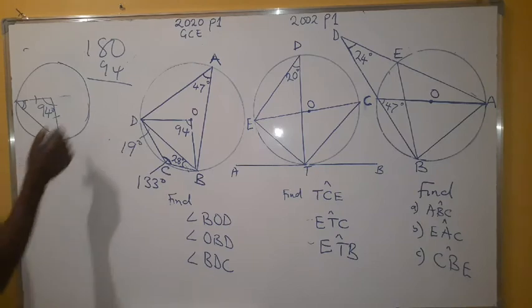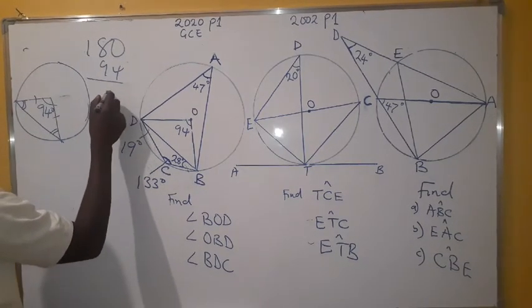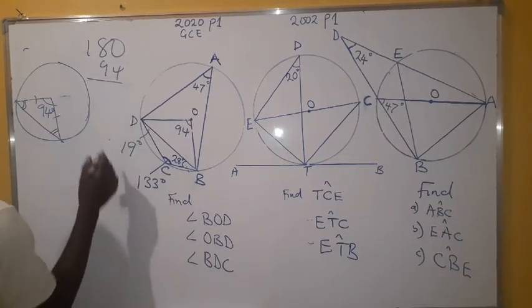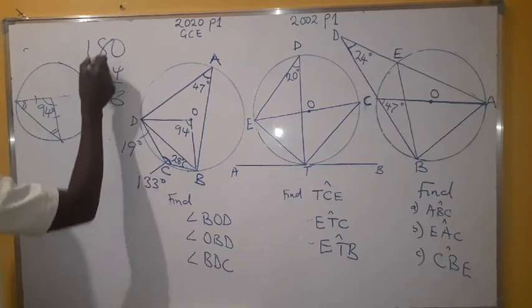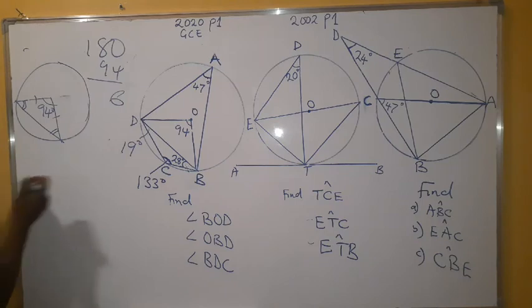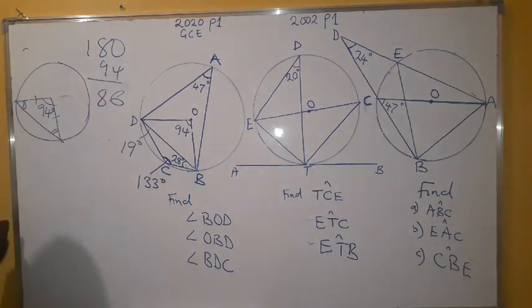We're going to get, is it 86? I think it should be 86. Okay, so we say 6 here. What are we remaining with? We're remaining with 17. We get 86.